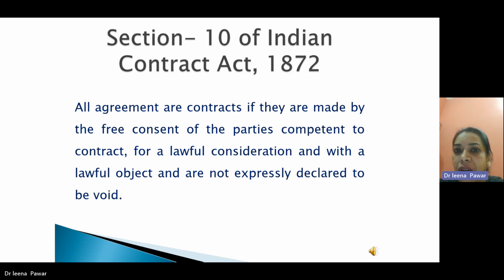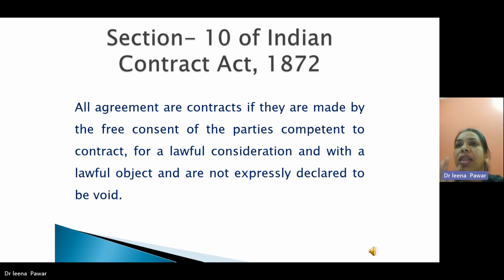Section 10 of the Indian Contract Act 1872 says all agreements are contracts if they are made by the free consent of parties competent to contract, for a lawful consideration with a lawful object, and are not expressly declared to be void.